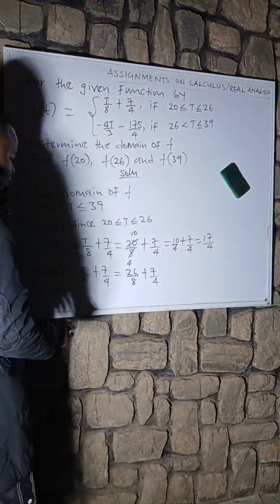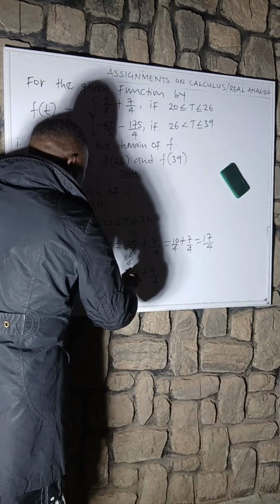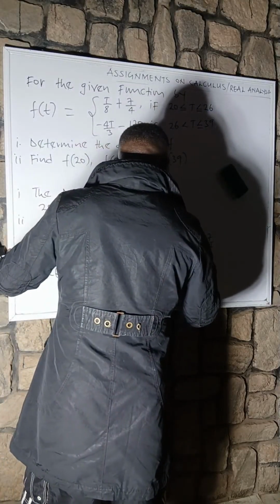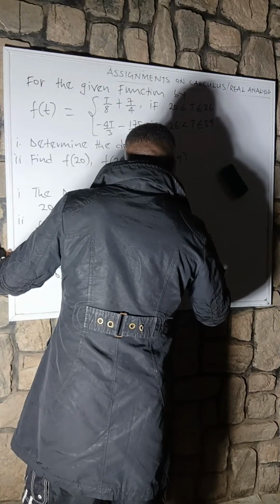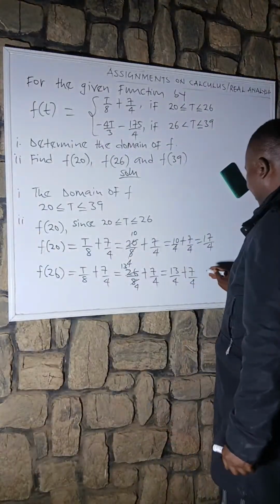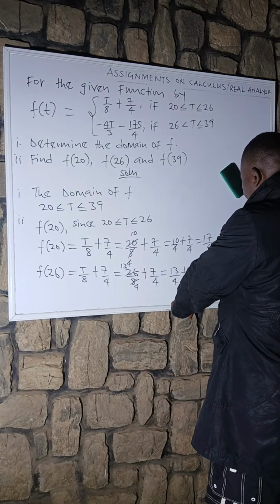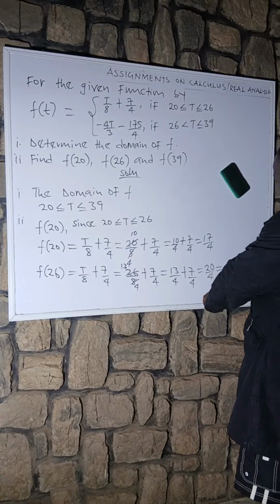So we can use 2 to 8, 4, 2 to this 13. So this is equal to 13 all over 4 plus 7 all over 4. Then this will now be equal to what? 20 all over 4. Then which is equal to what? 20 divided by 4 is 5. True or false?